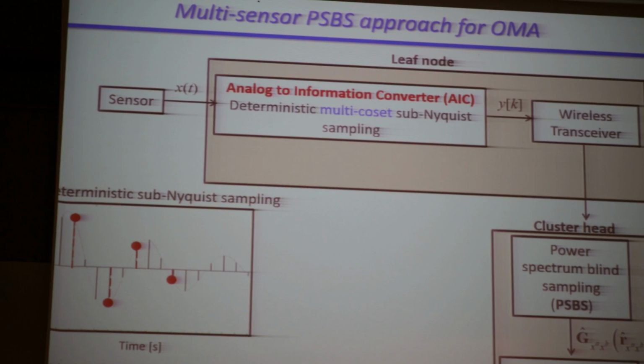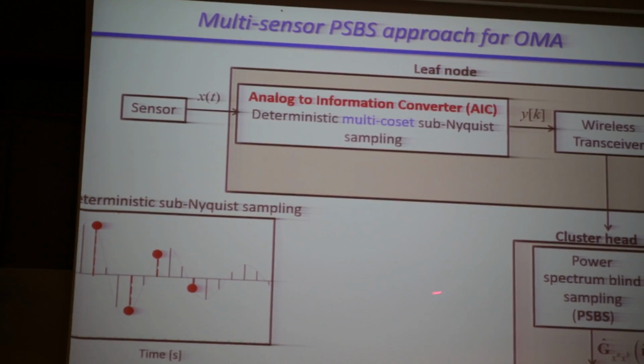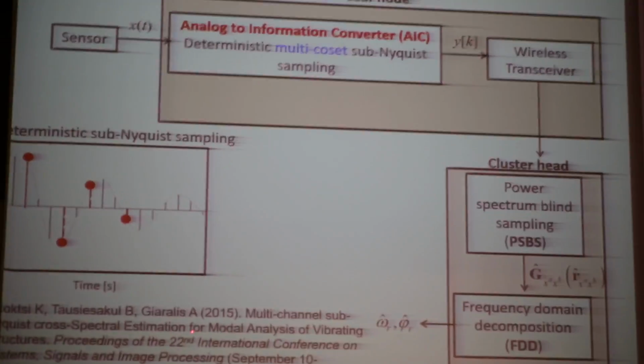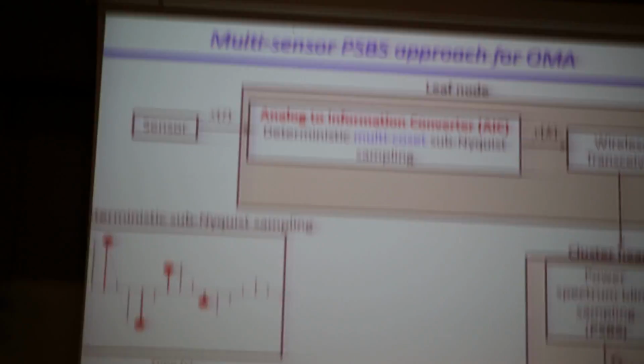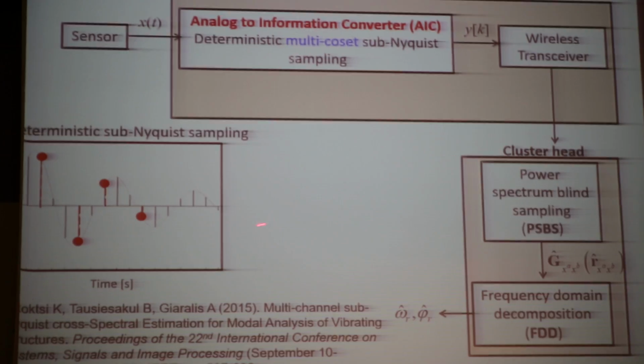To do that, we have been looking into what is called the power spectrum blind sampling technique, where we again do sub-Nyquist sampling, but multi-coset sampling.